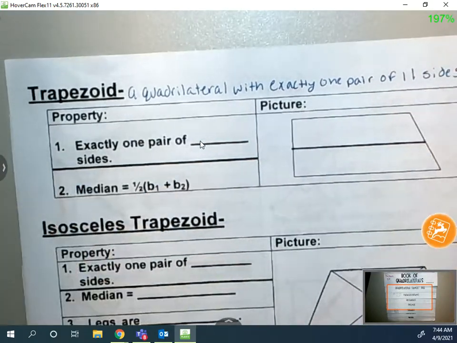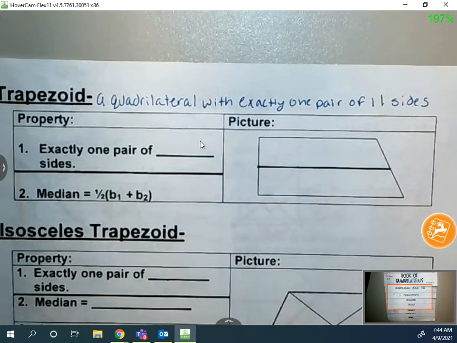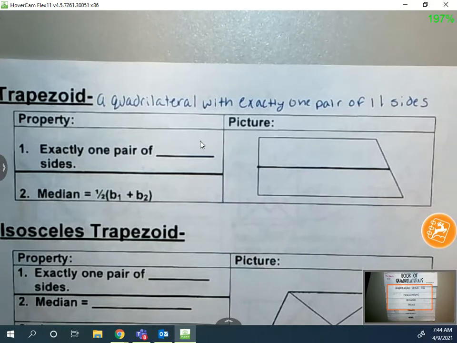Notice the difference: a parallelogram had two pairs of parallel sides, but a trapezoid has one pair of parallel sides. So that's the first property.